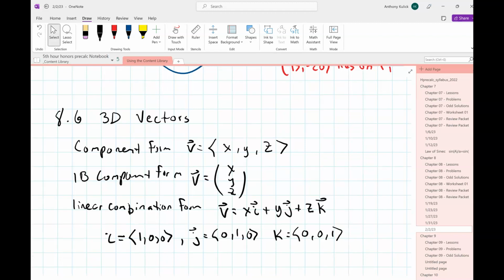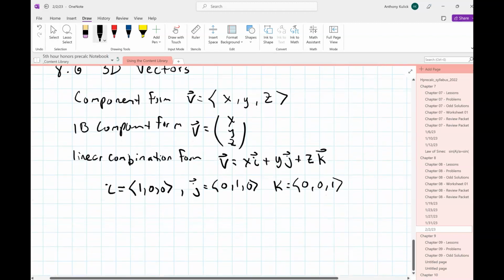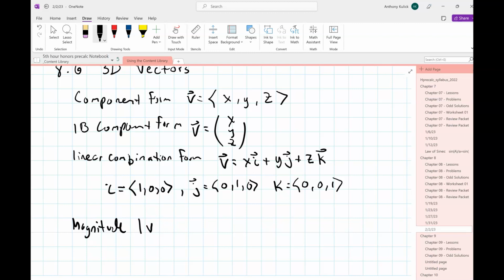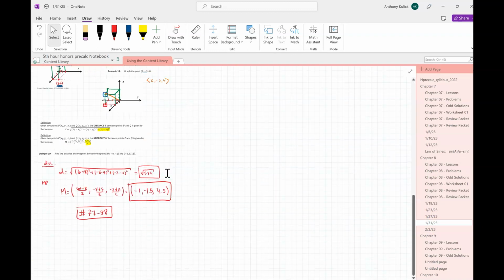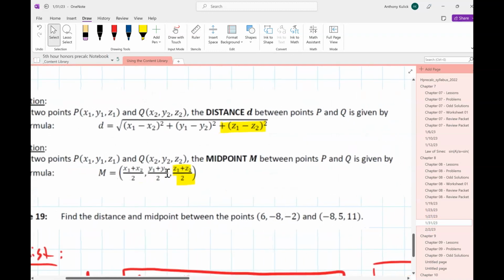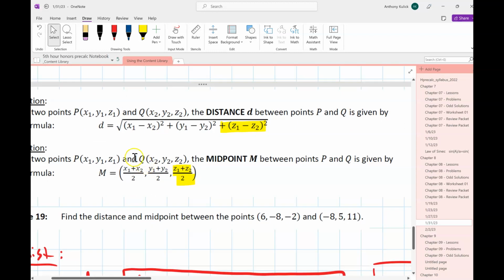Not surprising at all. How do you suppose we do the magnitude for a 3-dimensional vector? Well, if you remember last time, we had the distance formula. What if our second point is just the origin?